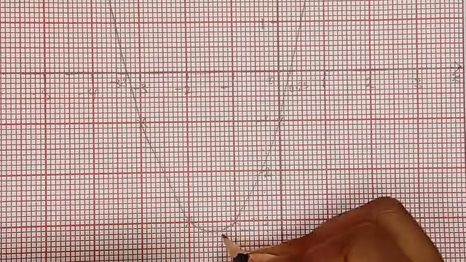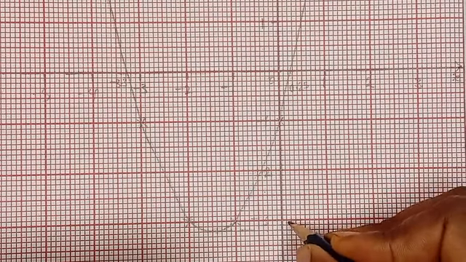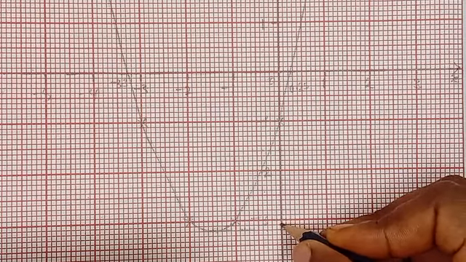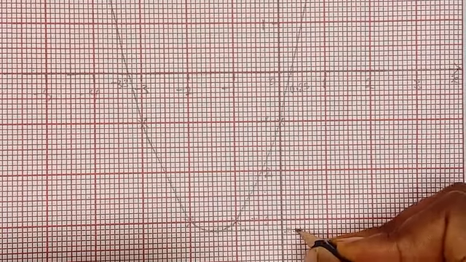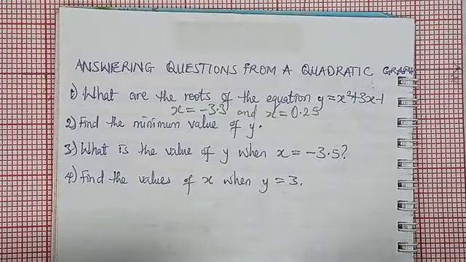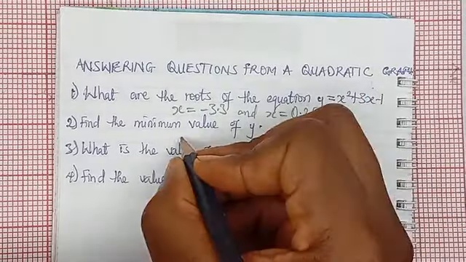Okay, so this is the point on the y-axis. We have that this is minus 3, minus 3.1, minus 3.2. So I'll have this point as minus 3.2 on the graph. So we have to write it at the answer page. The minimum value of y is minus 3.2.